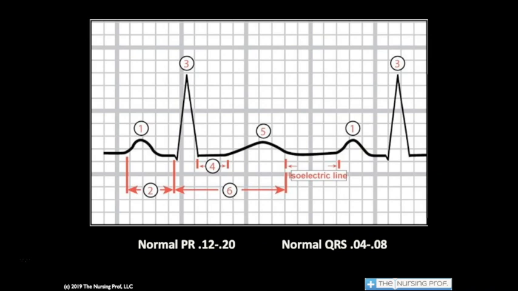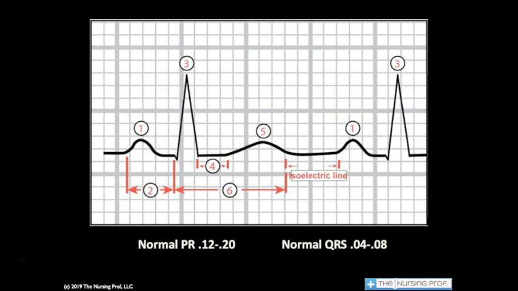So here's a normal PR interval, normal QRS interval. The normal PR interval is 0.12 to 0.20. Normal QRS interval, 0.04 to 0.08. So let's take a look at our examples up above, listed there under number 2.